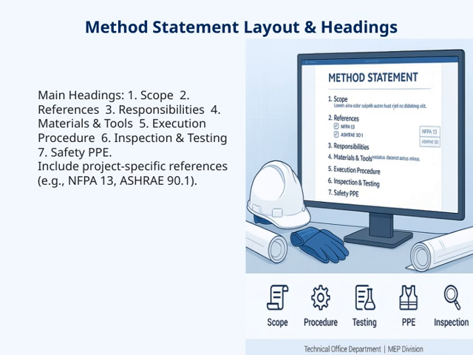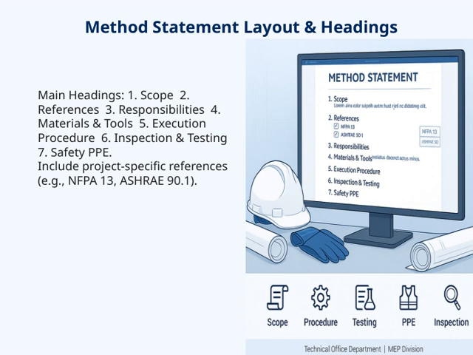Responsibilities clarify who is accountable for each part of the process, promoting accountability. Materials and tools specify what we need to carry out the work effectively. The execution procedure walks us through the step-by-step process, making sure we're all on the same page.